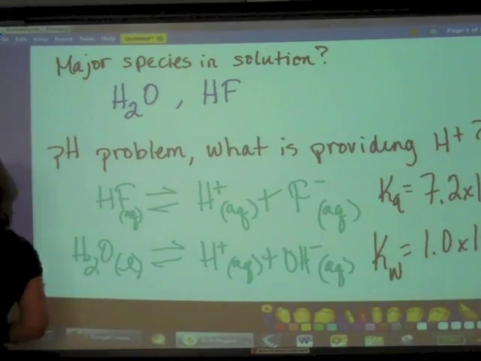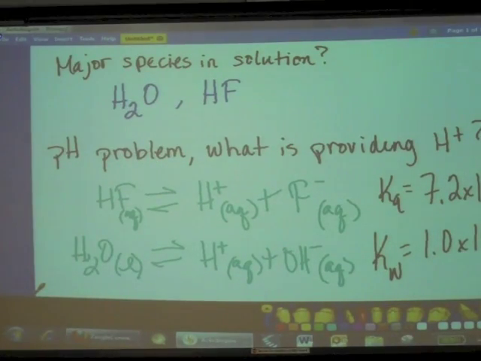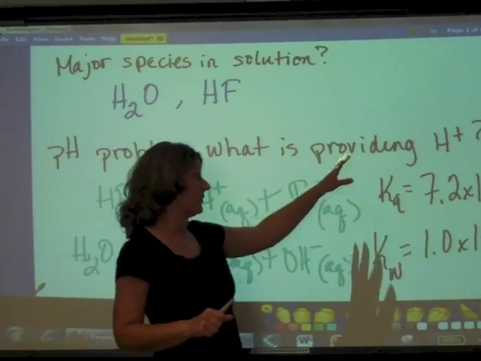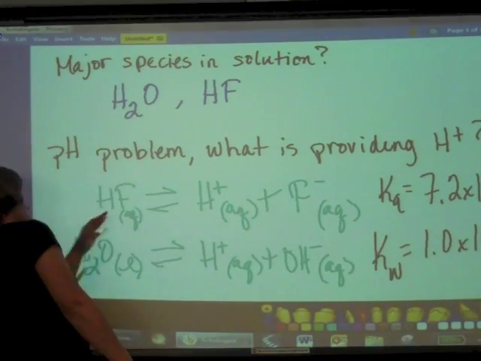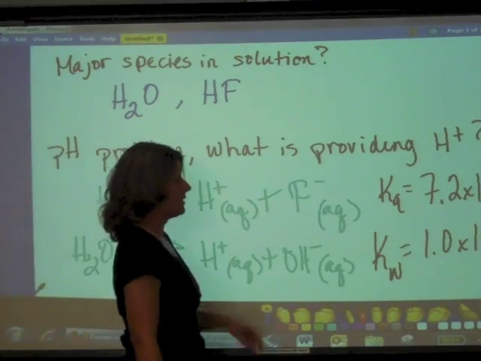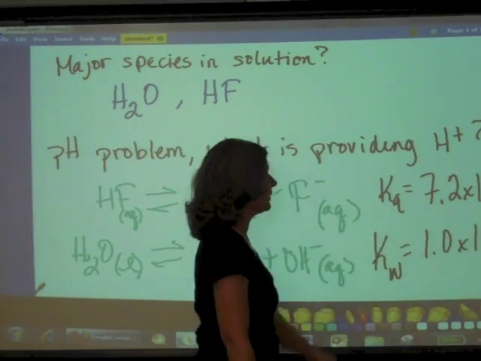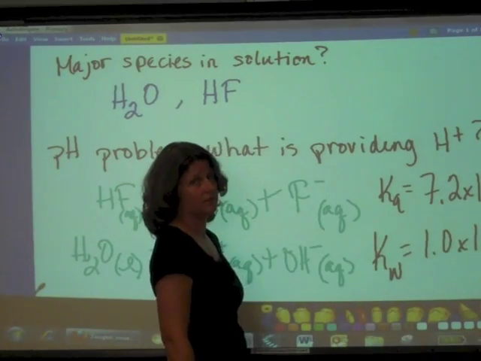All right, so the question then is, what is the dominant source of hydrogen ion in our solution? Well, according to these K values, this equilibrium lies much, much, much further left, times 10 to the minus 14th, compared to this.